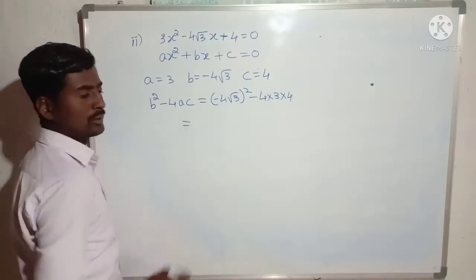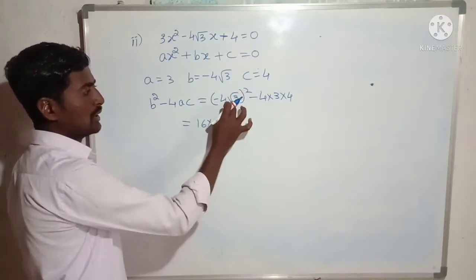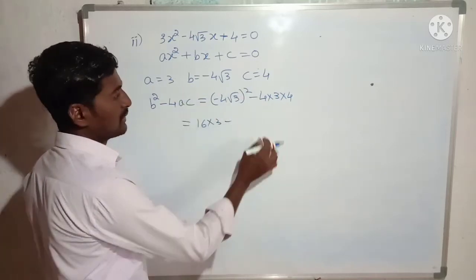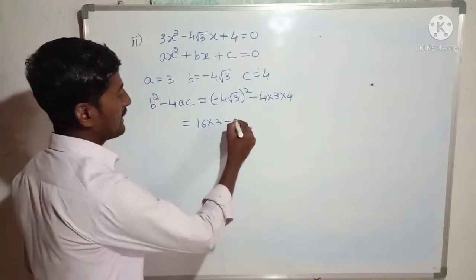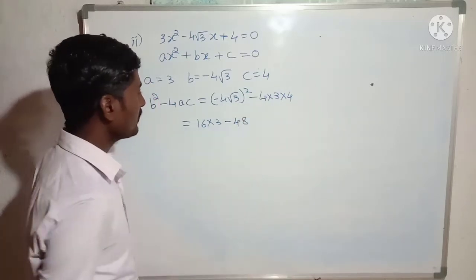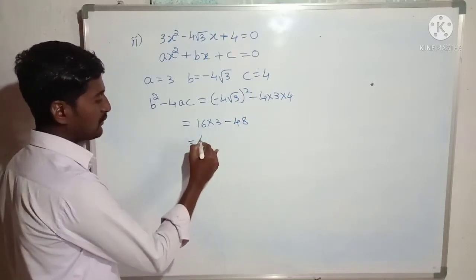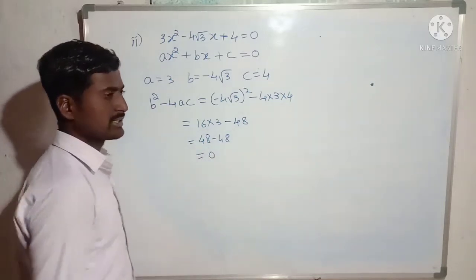This is equal to minus 4 square, that is 16, into root 3 square, whose value is 3. So 16 into 3 is 48, minus 4 into 3 into 4, that is 48. So this is equal to 0.